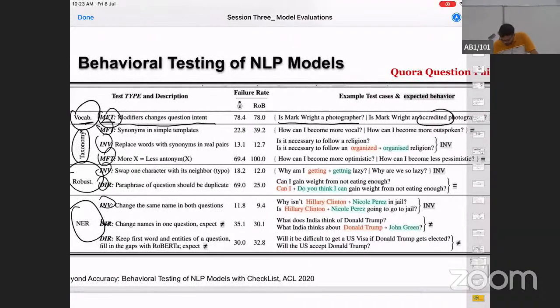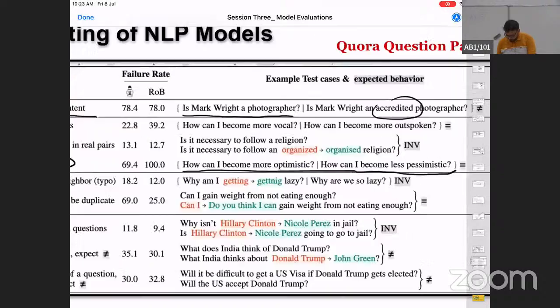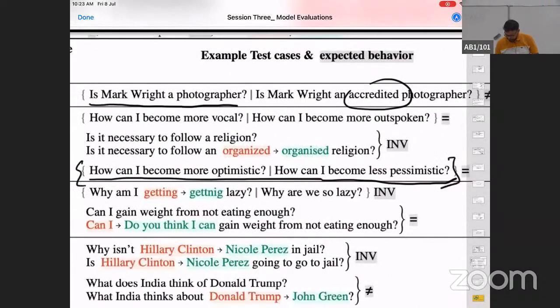Okay, fine. So let us see some more examples. Let us see this taxonomy based example. Taxonomy means whether the model is able to understand synonyms, homonyms, antonyms, and so on and so forth, right? So for that they experimented with this taxonomy based capability, and maybe we can see this one. Just read these two sentences. How can I become more optimistic? And the other sentence is, how can I become less pessimistic?